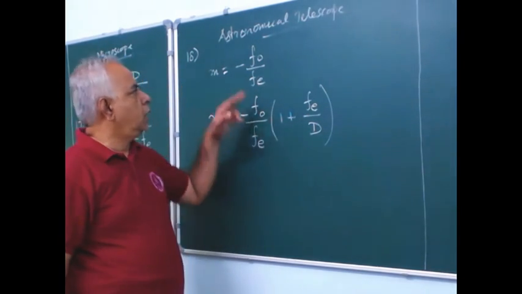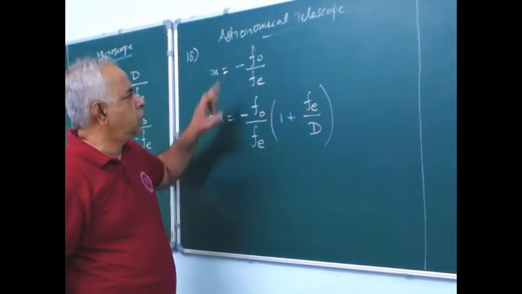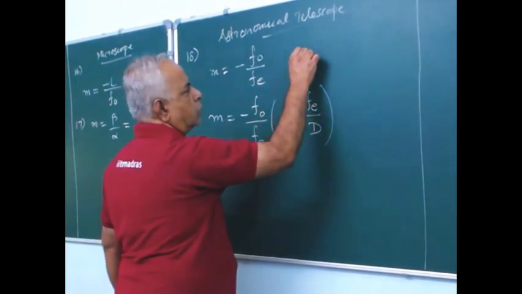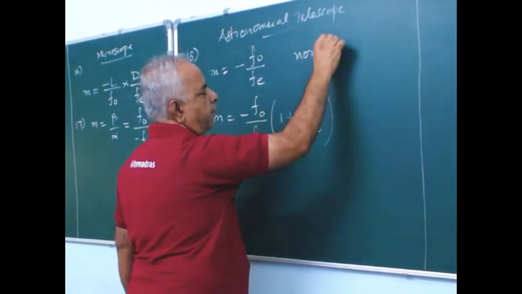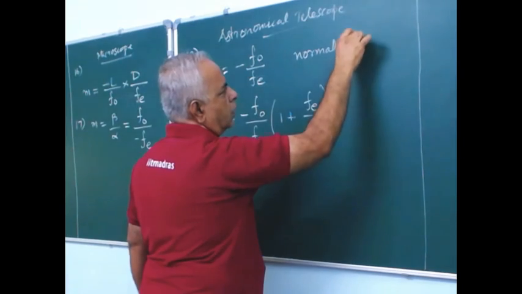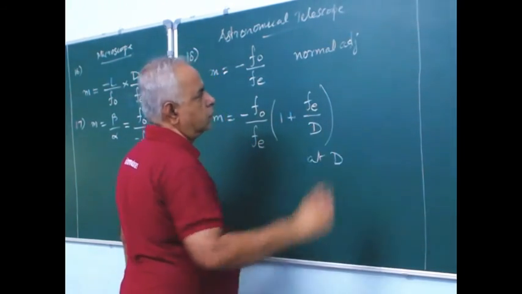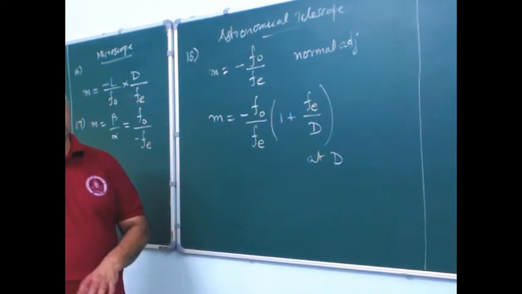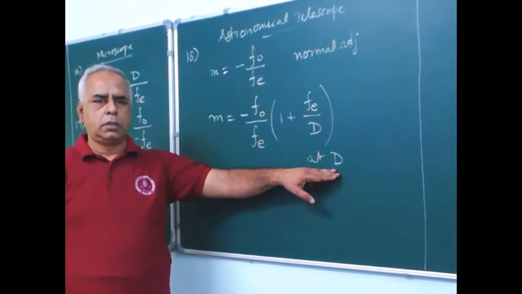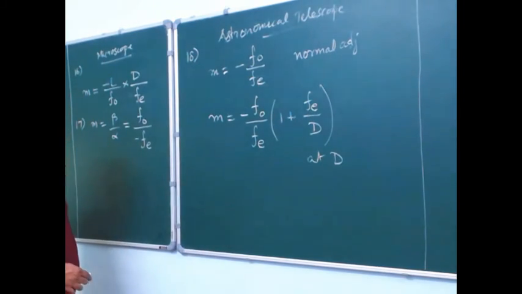And the other one is under normal adjustment. So this is at normal adjustment, and here at D. What is D? That is the least distance of distinct vision. You understand? Please copy this.